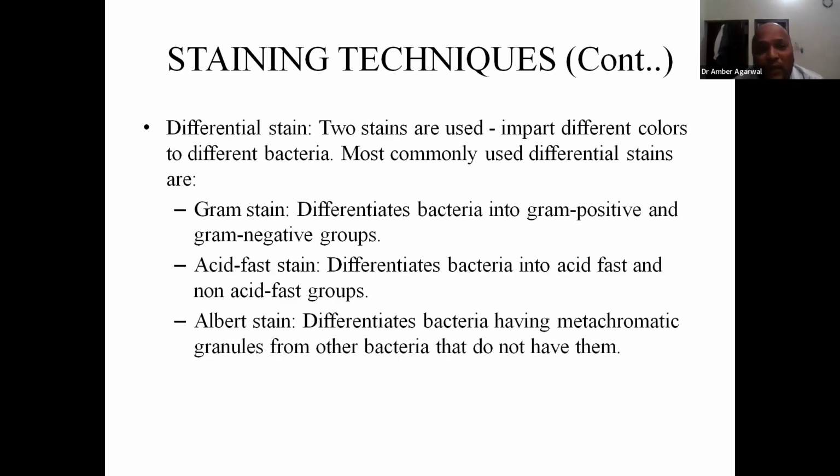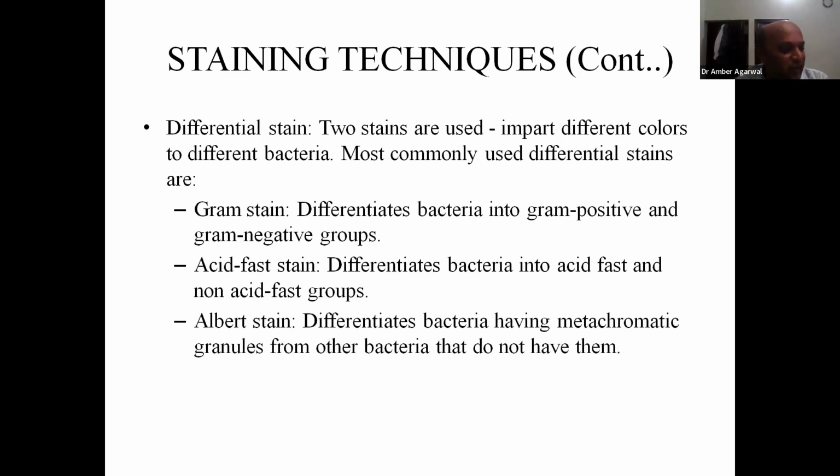Now, the most common thing is a differential stain. What is the benefit of a differential stain? A differential stain lets you visualize and differentiate the bacteria. For example, gram stain differentiates into gram positive and gram negative.